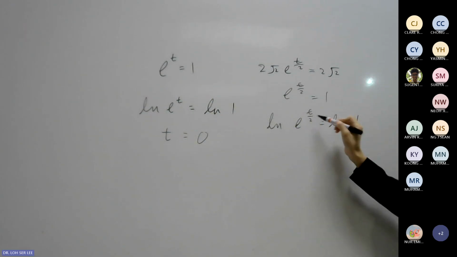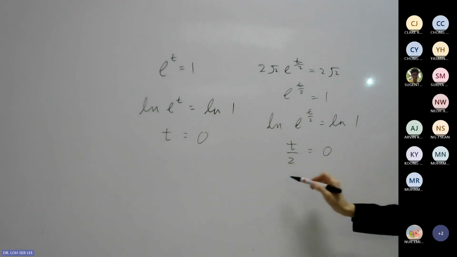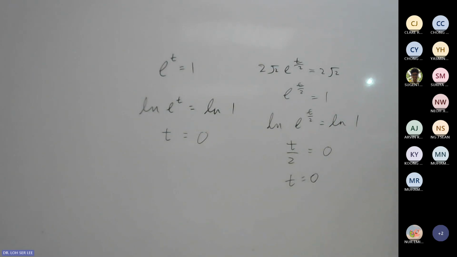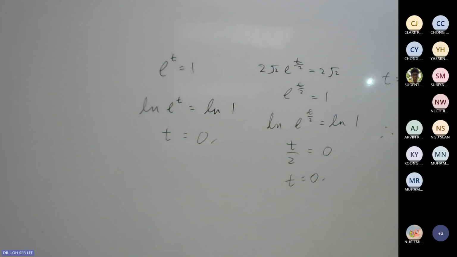So ln e^(t/2) gives you t over 2. ln 1 is 0, so t is 0. And the last one is t equals 0. That means from these three equations, we get t equals 0. So t naught is 0.